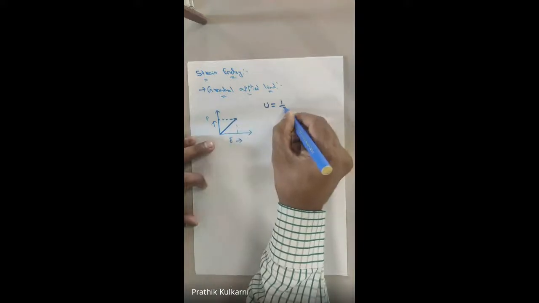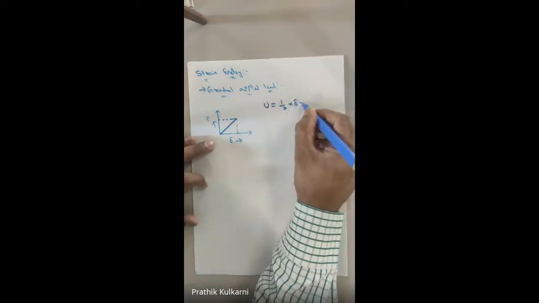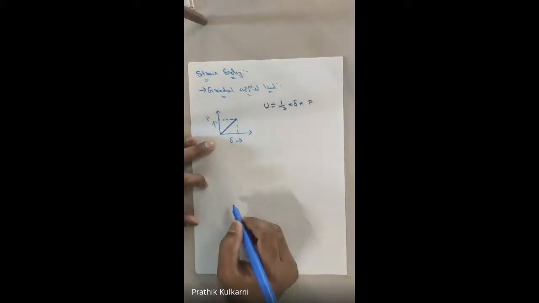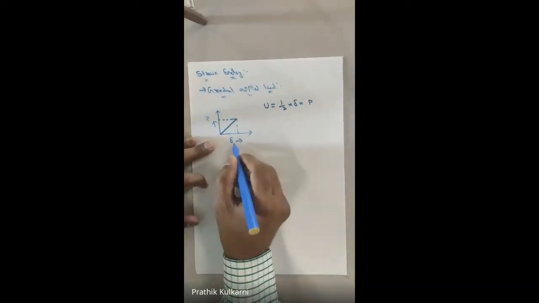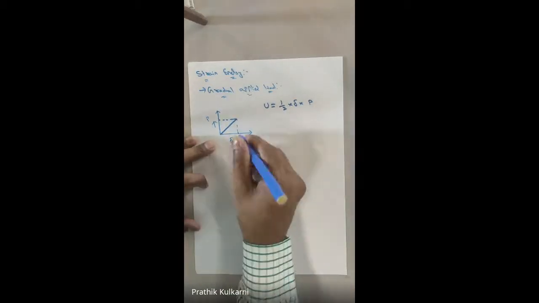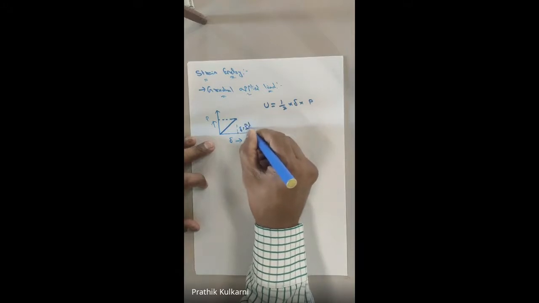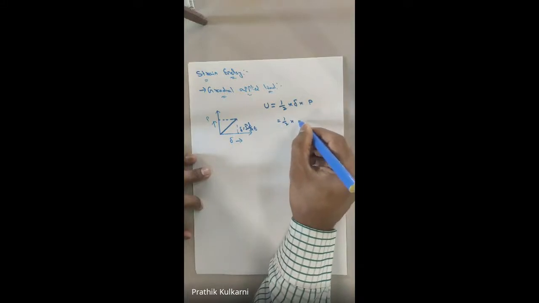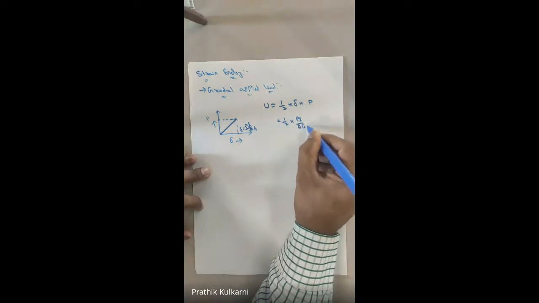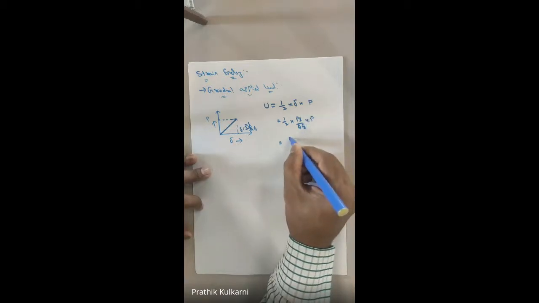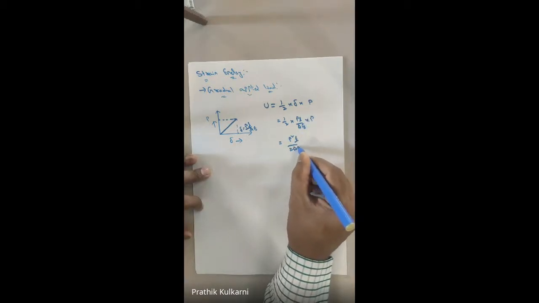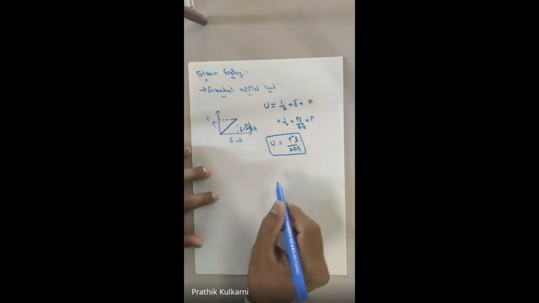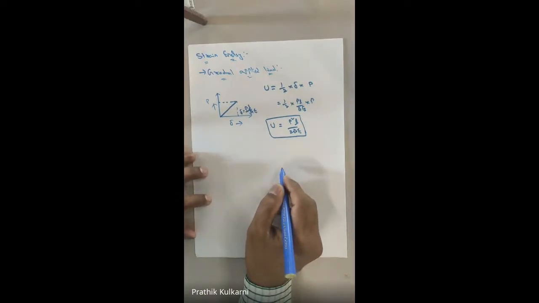Half into base, which is my delta, into height, which is my P. Delta is my deflection, P is my load. But what is delta? As you all know, delta is PL by AE. So half into PL by AE into P. So can I write it as P square L by 2AE? Yes or no? So this is one of the equations of your strain energy.